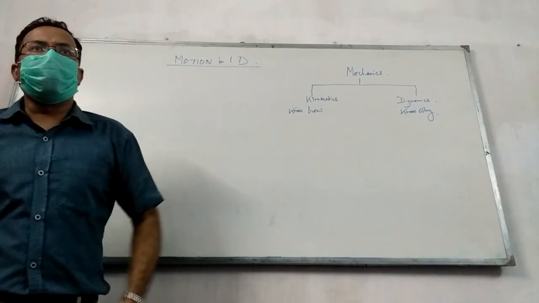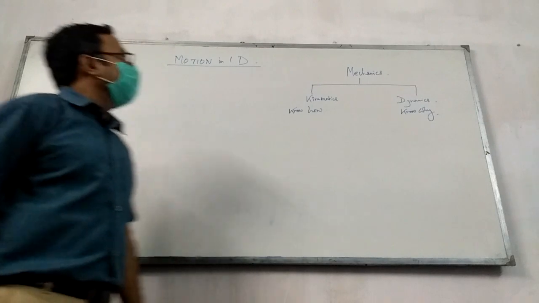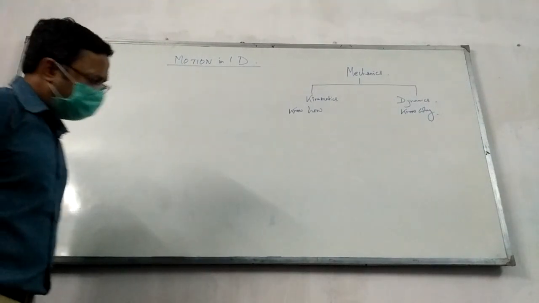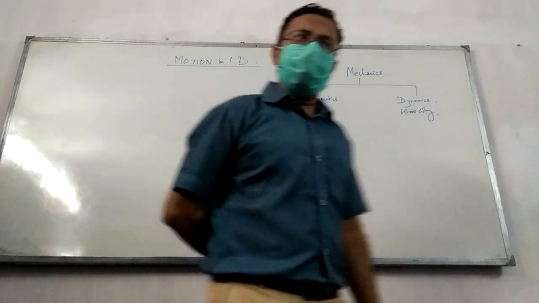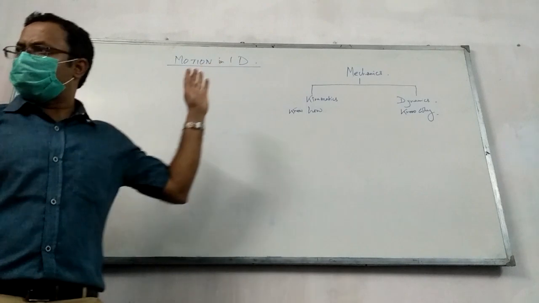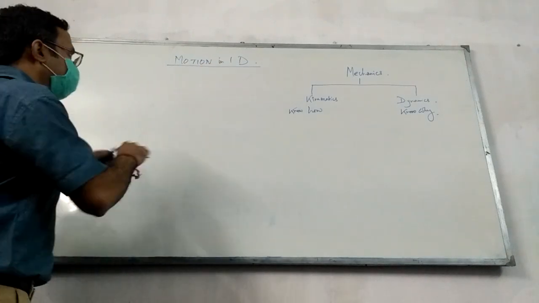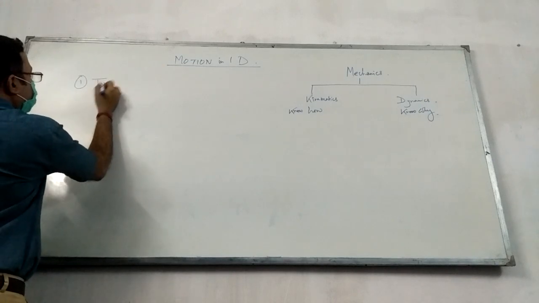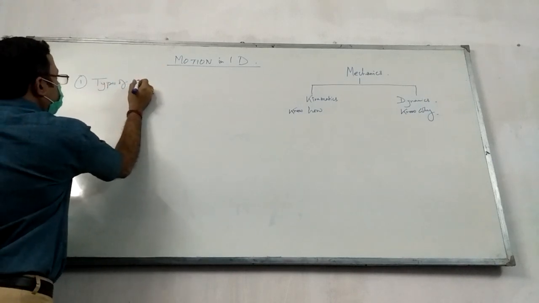Know-how and know-why. Alright? Now comes an important part. So we are starting off with kinematics, and in kinematics we are doing one dimension kinematics, motion in one dimension. Alright? So first concept, types of motion.